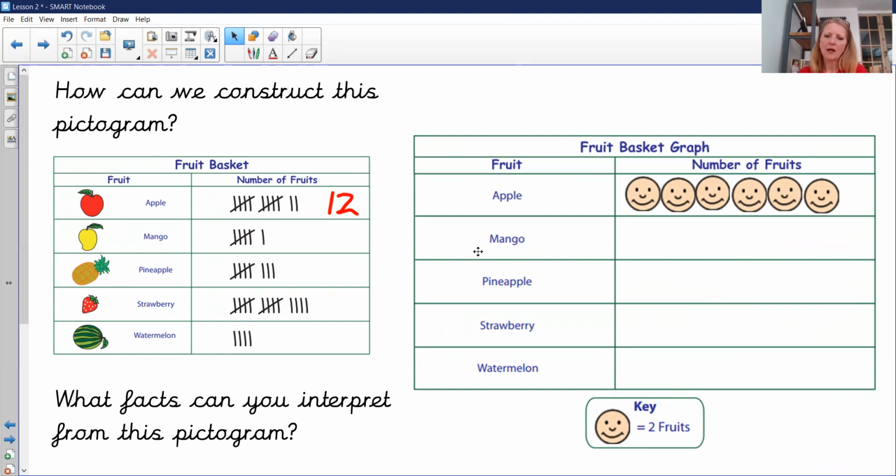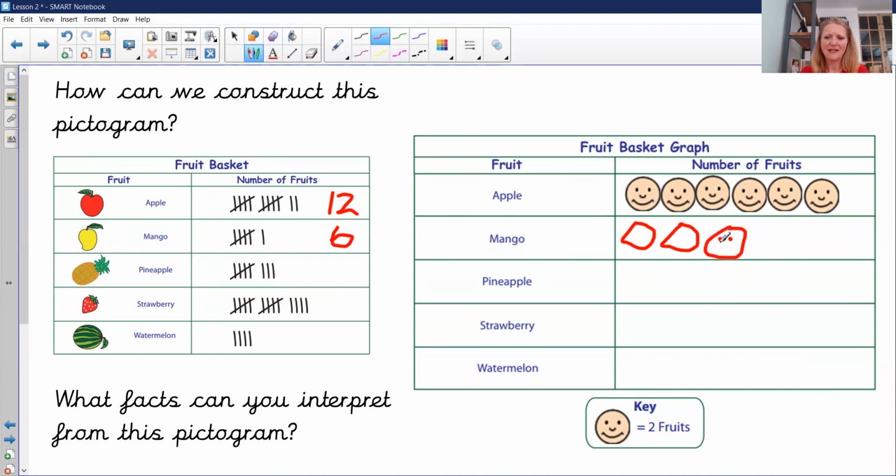Okay, what about mango? So mango has got 5, 6. So 6 mangoes in the fruit basket. How are we going to show that for mangoes? So how many smiley faces would need to go in here? It would need to be 1, 2, 3.